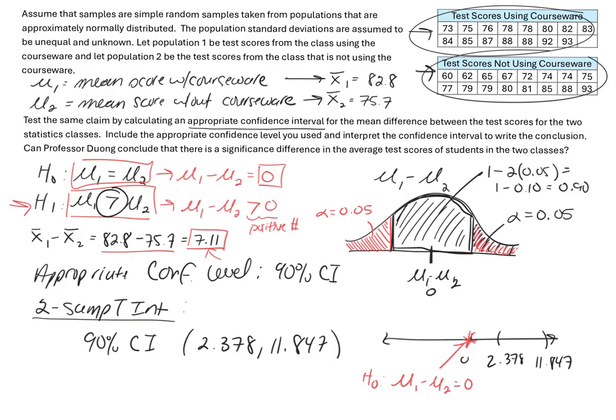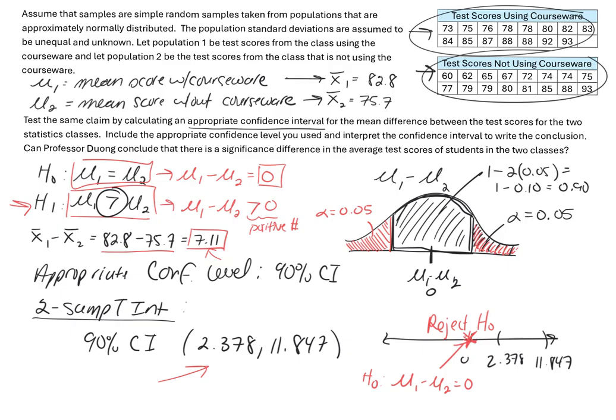Because the confidence interval does not contain 0, we should reject the null hypothesis. Why? Because we are 90% confident that the true difference between mu1 and mu2 is at least 2.378 points, and that difference could be as high as 11.847 points. Therefore, the confidence interval supports the alternative hypothesis.